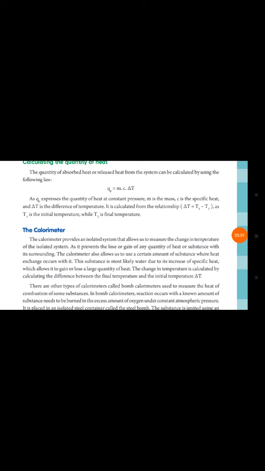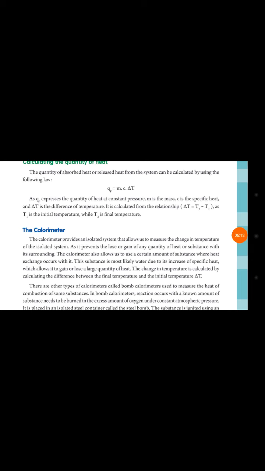The calorimeter provides us an isolated system that allows us to measure the change in temperature of the isolated system, as it prevents the loss or gain of any quantity of heat or substance with its surroundings, as we previously studied in the last video.